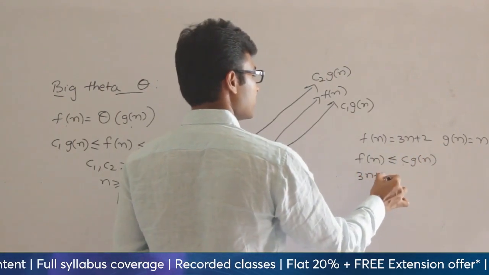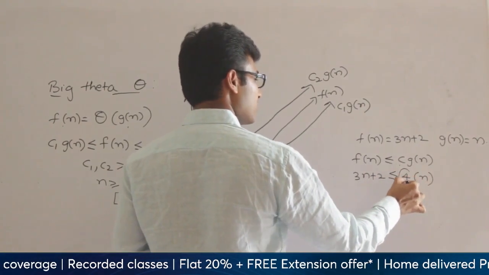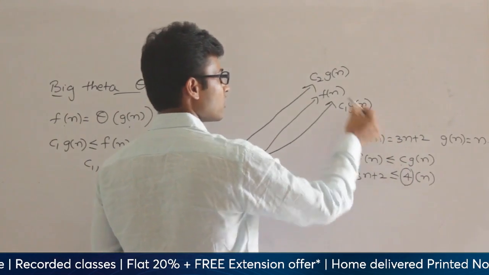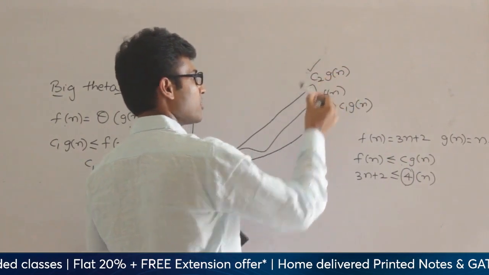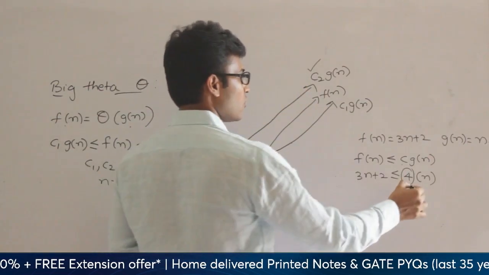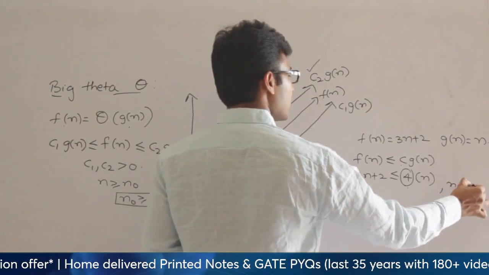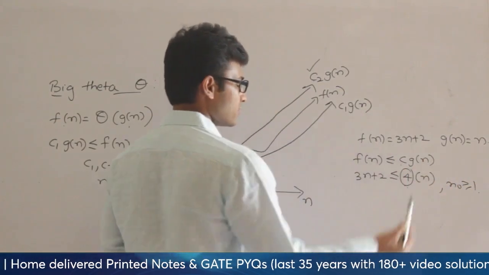If I have this 3n plus 2, it is less than or equal to 4 into n, where c2 equal to 4, which means I can find out the upper bound for the function f of n when I substitute in place of c2 4, right? And this is valid for all n naught greater than or equal to 1. This is valid, isn't it?